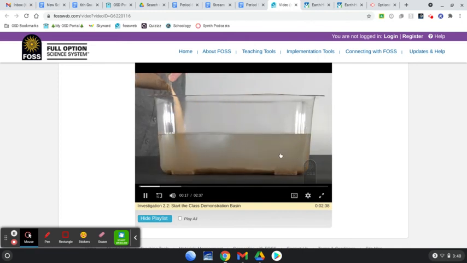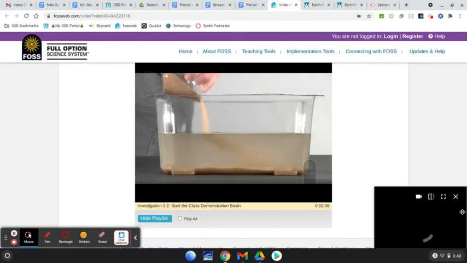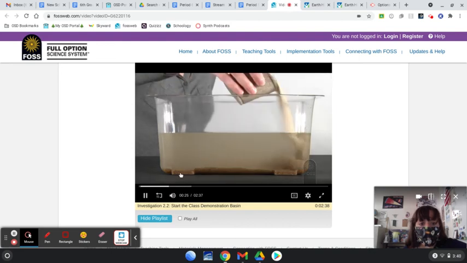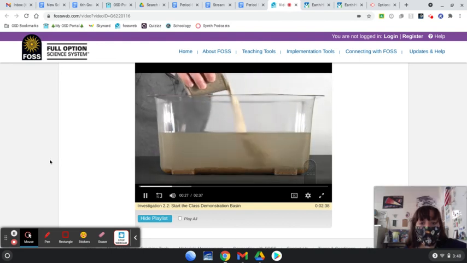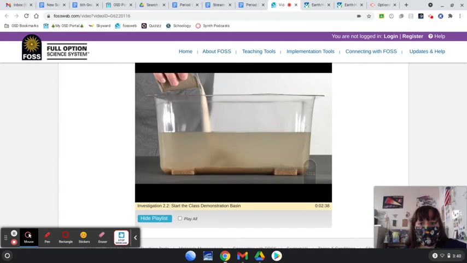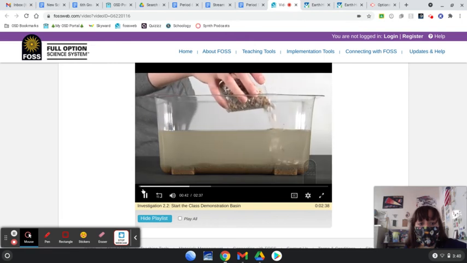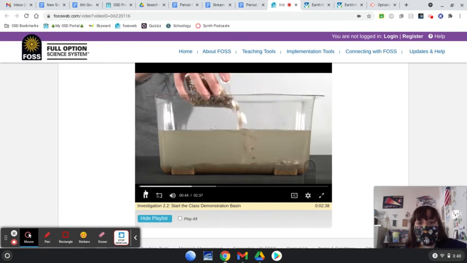So this would be layer 1. Layer 2. Layer 3.